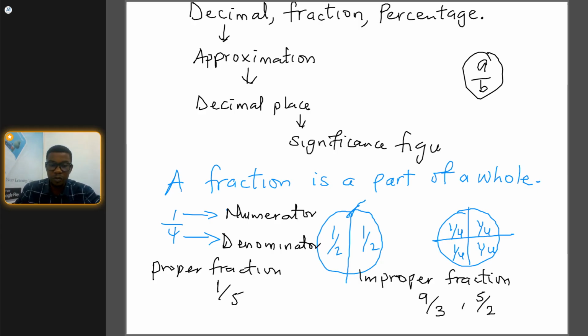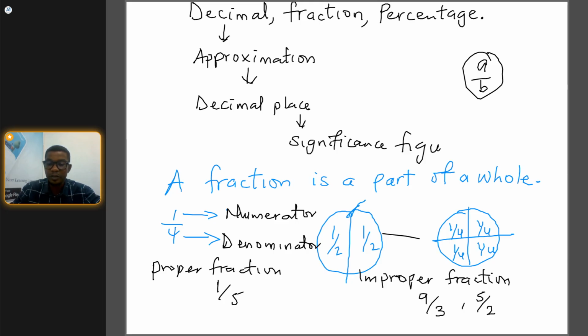So we have the third one, which is called the mixed number. The mixed number comprises both a whole number and a fraction. If you are with me, please kindly signify. I believe you get this part before we proceed to the mixed number.